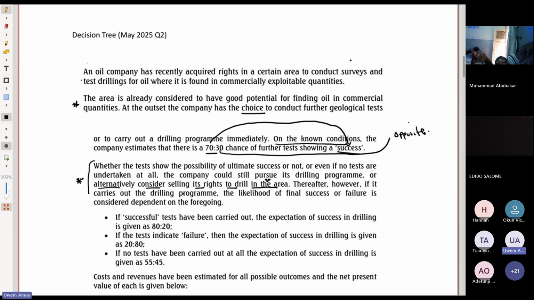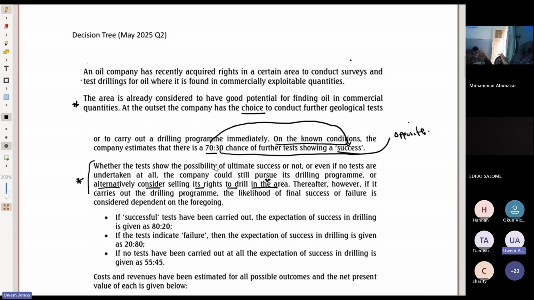Whether the test shows the probability of ultimate success or not, or even if no tests are undertaken at all, the company could still pursue its drilling program. Let me read that again.